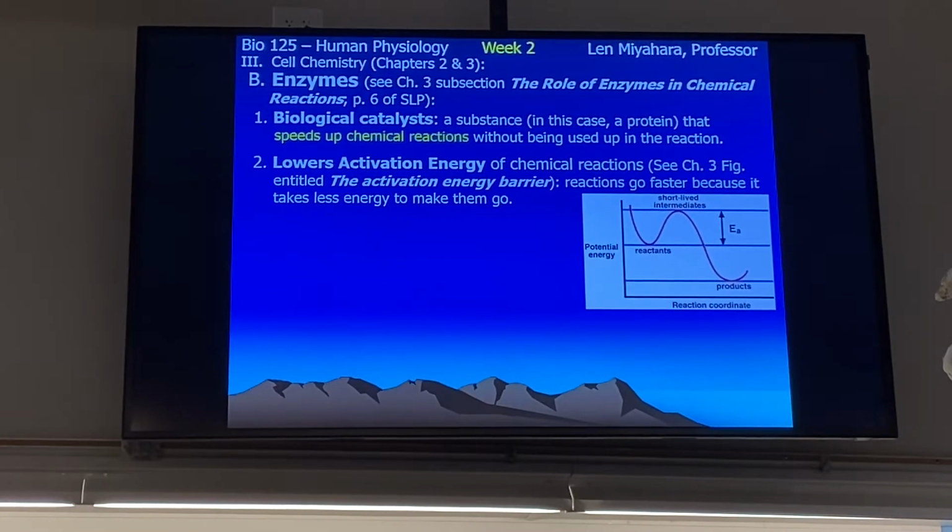But if we have here reactants, and it's also referred to as substrate, reactants, substrate, I think the first slide I called this participants, it's going to go through a chemical reaction and become products. Now, some of this can be random, but if we have an enzyme in here, it's going to go faster.